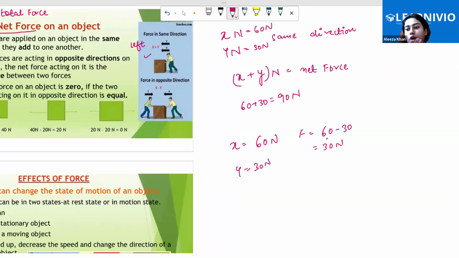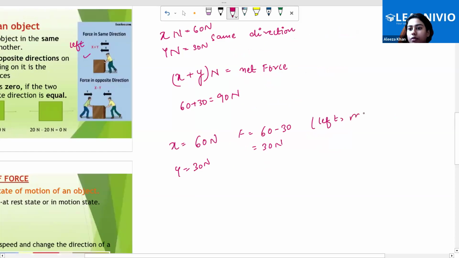So what can you infer from this, Ishal? Where will the box move first? The box will move first to the left because X power is more. Yes, very good. It will move to the left because the magnitude of force is more.